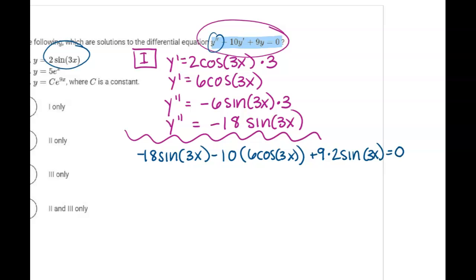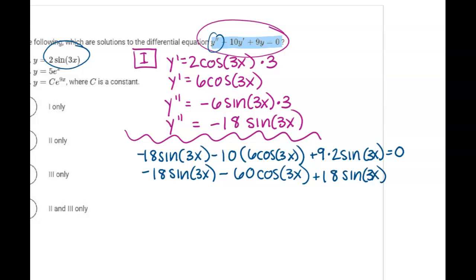So let's see if it is. Negative 18 sine of 3x minus 60 cosine of 3x plus 18 sine of 3x equals 0.